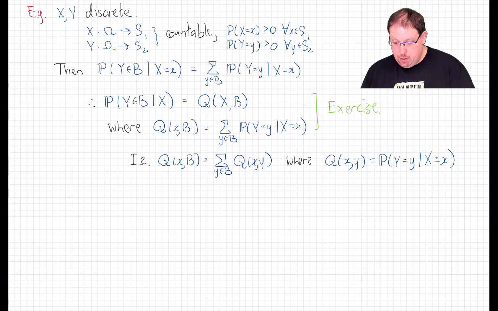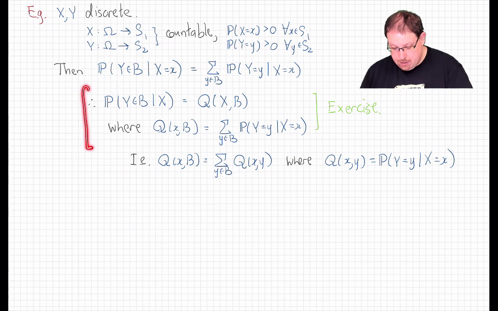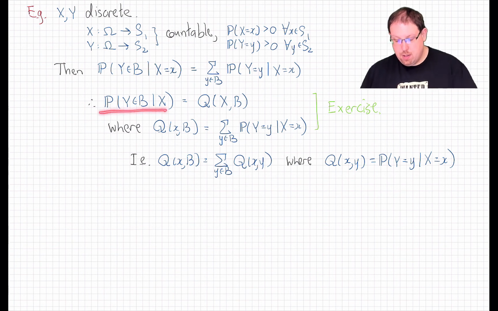Now, showing that this simple calculation implies that this holds true is also going to be on your homework, as a matter of interpreting the new random variable ideas of conditional probability in terms of the old numerical conditional probability.